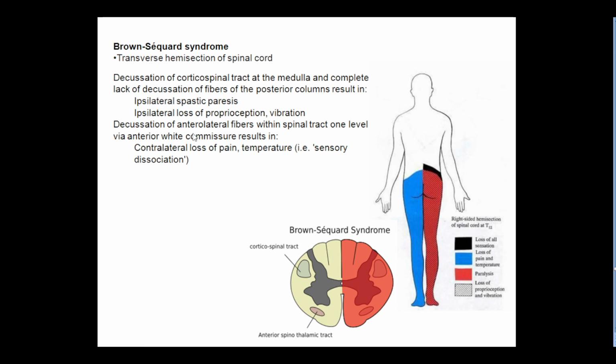But since the decussation of the anterolateral fibers happens within the spinal cord, it will result in contralateral loss of pain and temperature. This is the spinothalamic tract. So there will be sensory dissociation. As you can see on the diagram, loss of pain and temperature, paralysis, and loss of proprioception and vibration will happen on different sides because of the level of decussation of the spinal tracts.